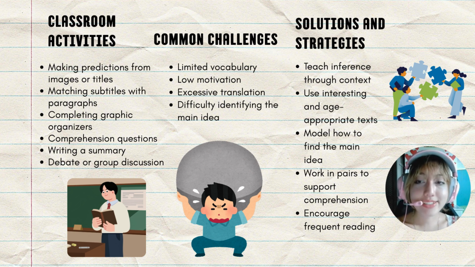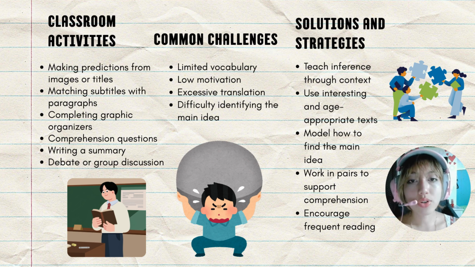Solutions and strategies. To address these challenges, teachers can use different strategies. For example, teachers can teach students how to interpret meaning from context. They can also use interesting and age-appropriate texts to increase motivation.